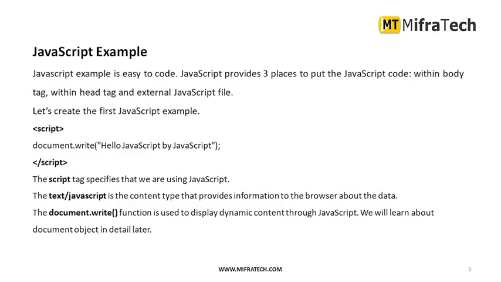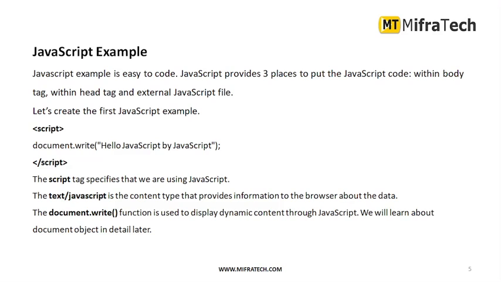The simple creation of JavaScript is a script tag and a closing script tag, with document.write hello JavaScript by JavaScript. Here you can see the script tag specifies that we are using JavaScript. This is the tag where the JavaScript has been used.